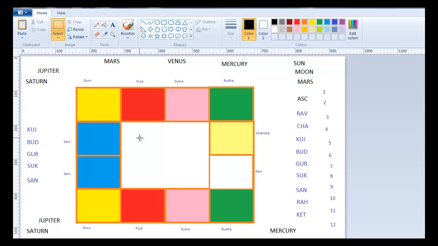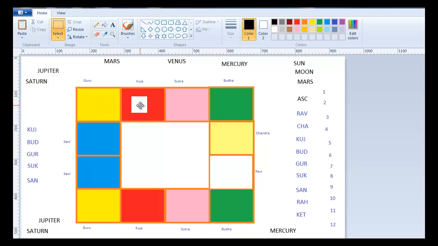Now this one is Aries, this one Taurus, Gemini, Cancer, Leo, Virgo, Libra, Scorpio, Sagittarius, Capricorn, Aquarius, and Pisces.